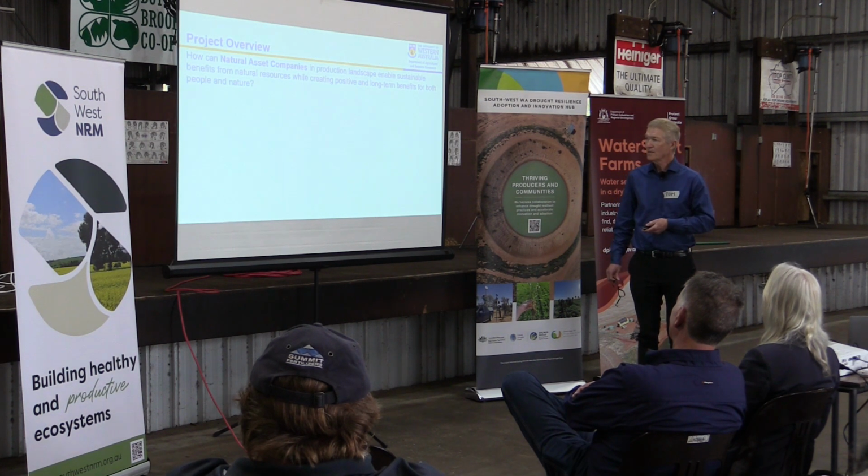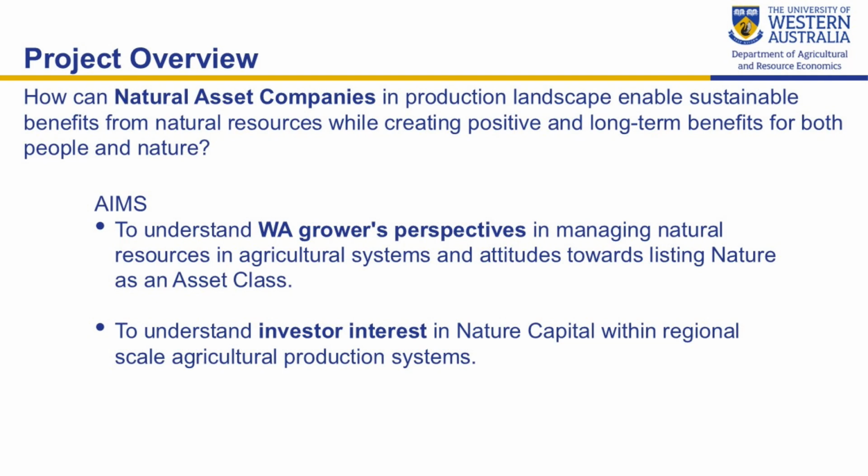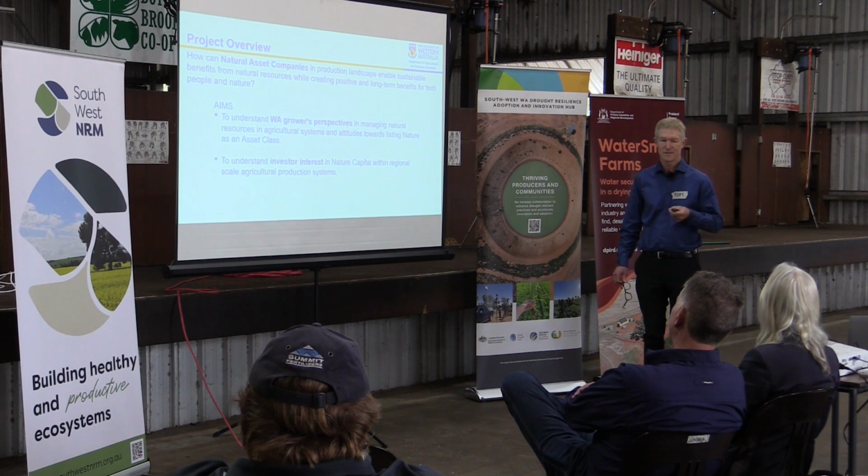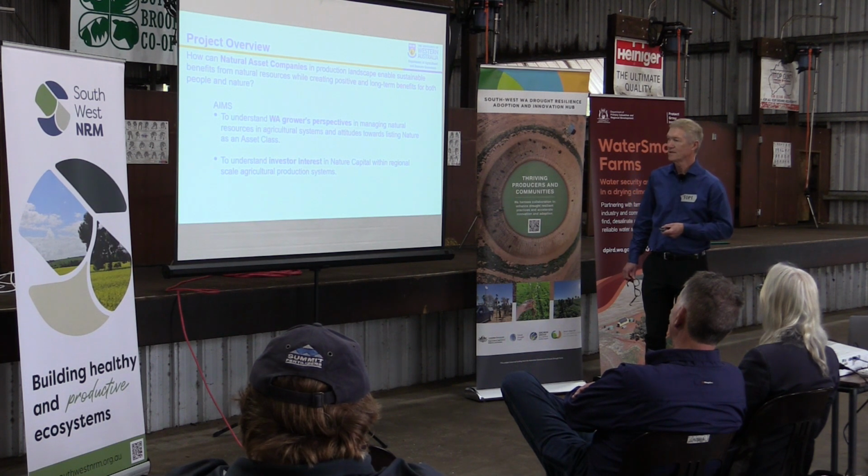So the project that we're working on looks at how natural asset companies in production landscapes can enable sustainable benefits from natural resources while creating positive long-term benefits for both people and nature. So it's the production and the nature that go hand in hand together.